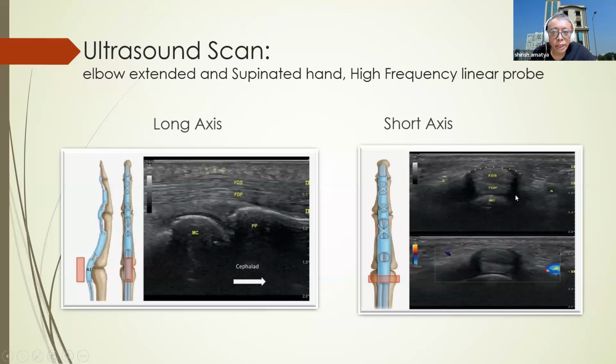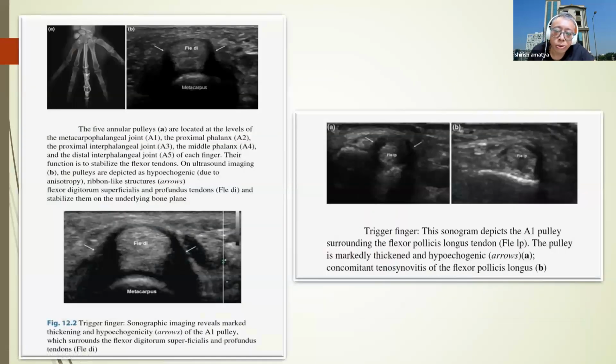Coming to the next slide, here are some pathological pictures that I have included. The left upper side is the normal pulley. You can see the pulley arching over the flexor digitorum tendons, and in the lower side you can see the anechoic part has been thickened, and there is a markedly enlarged anechoic triangular area.